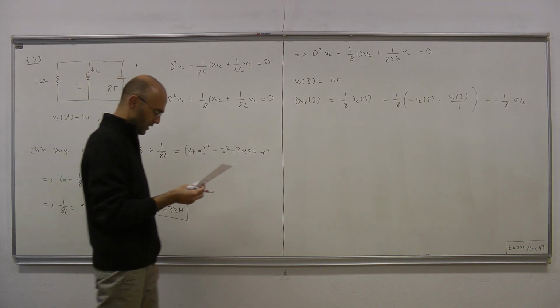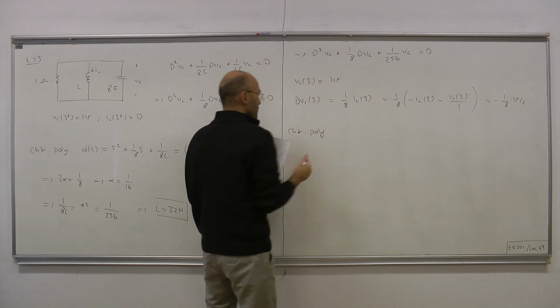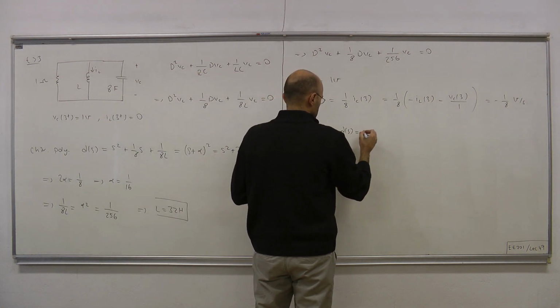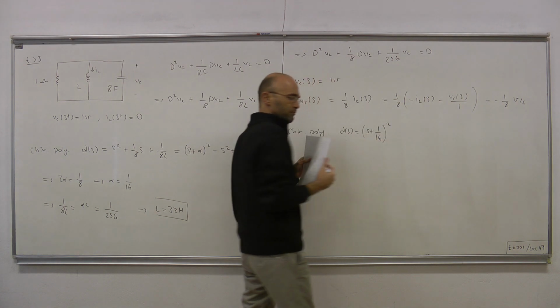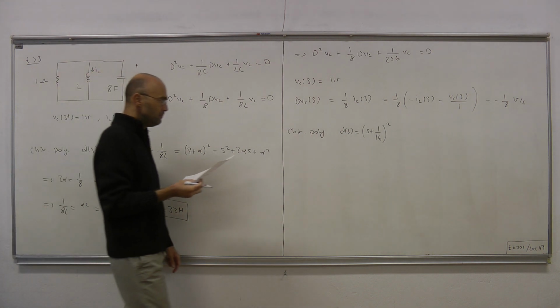Okay. So, to sum up, we have the characteristic polynomial of s equals s plus 1 over 16 squared, because alpha is 1 over 16.